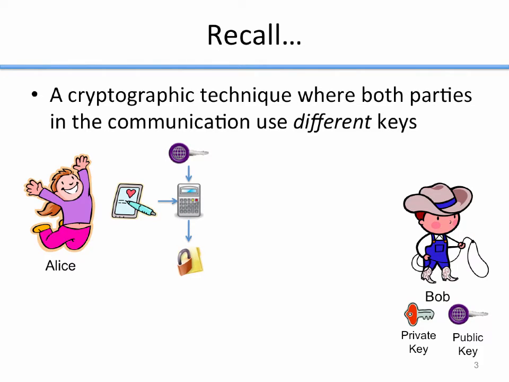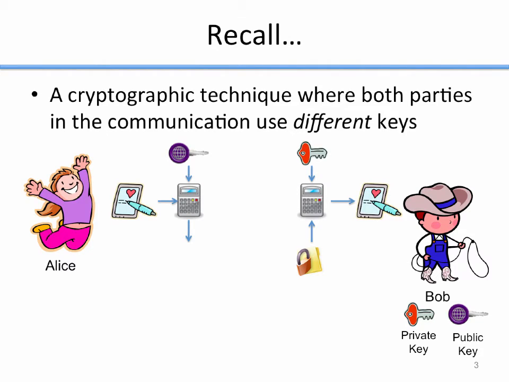That produces the ciphertext. She sends that to Bob, and Bob decrypts it with his private key to get back the original message. Now, this is very different from symmetric key crypto, where both people use the same key. In this case, they use different keys, one which is publicly known by the whole world, and one which is privately held by just one person.